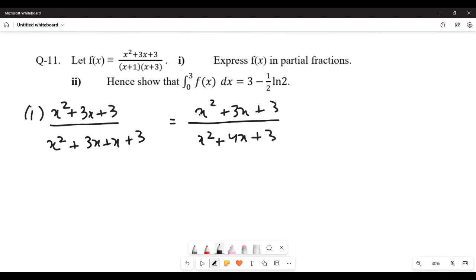So either same है तो long division तो हो. Okay, long division कर लेते हैं.